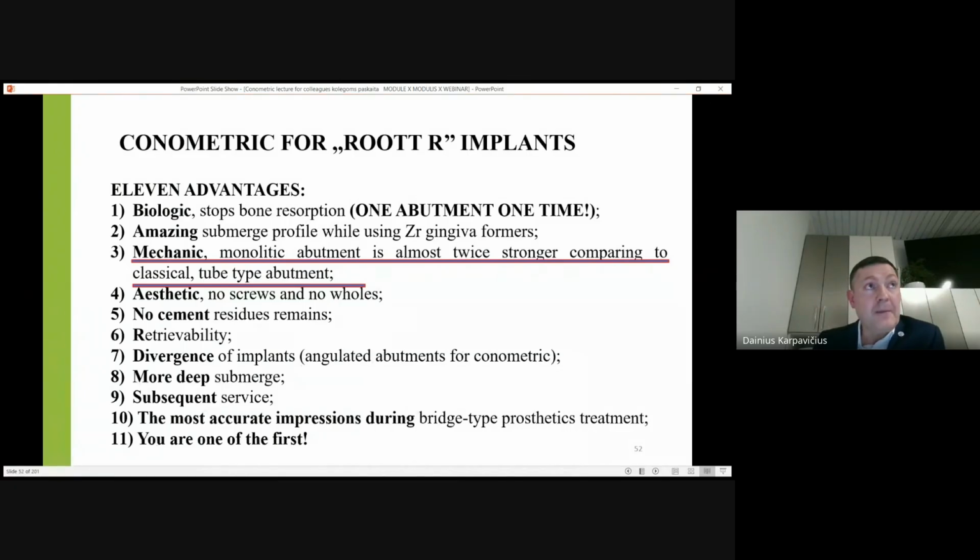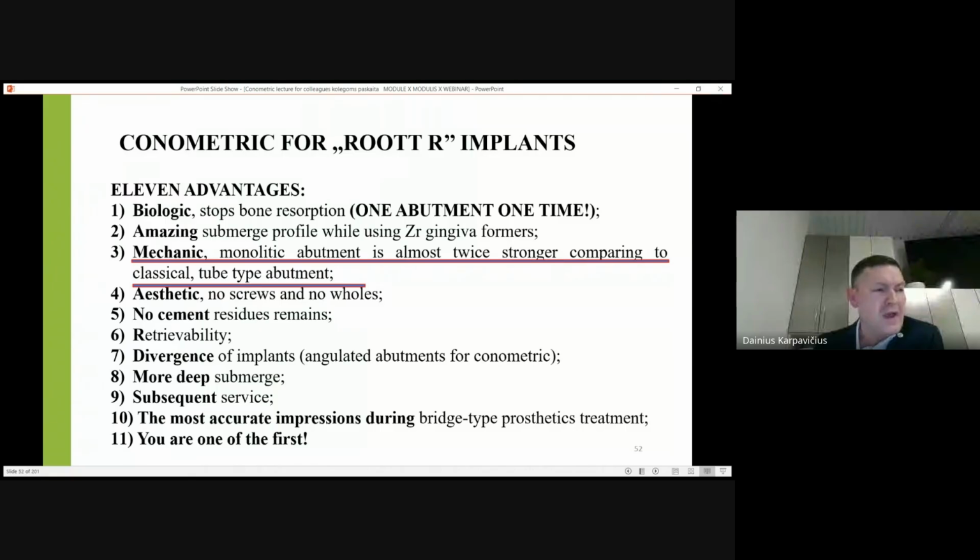But if the implant fractures, it's a total disaster. We have to remove everything.